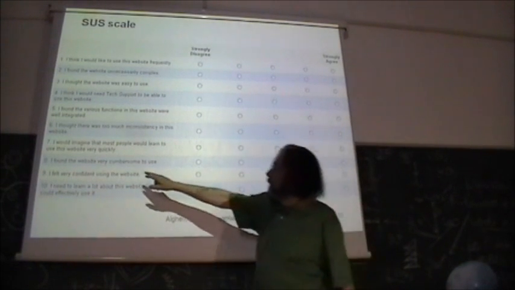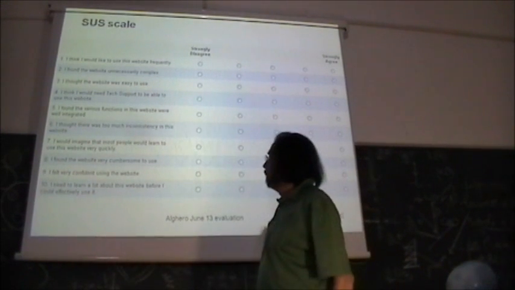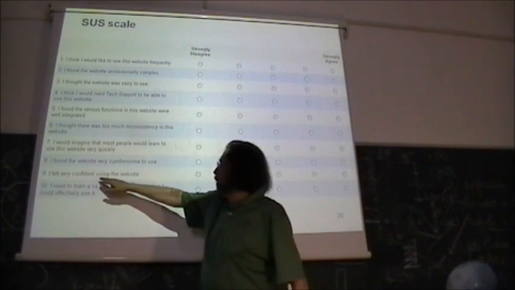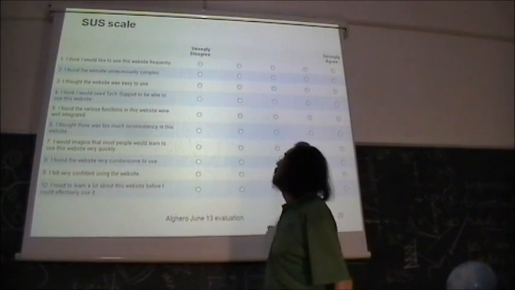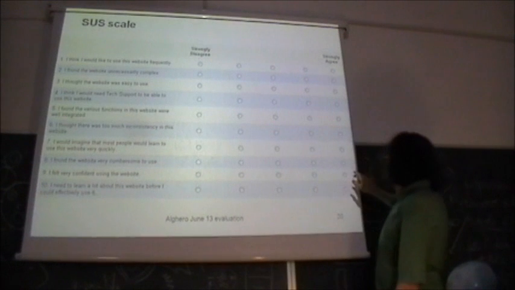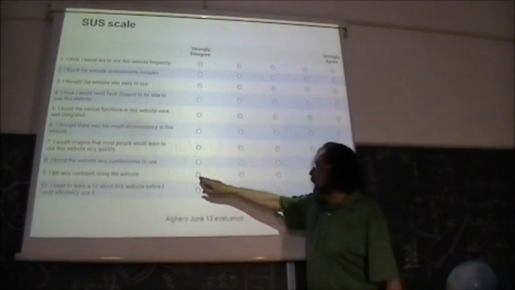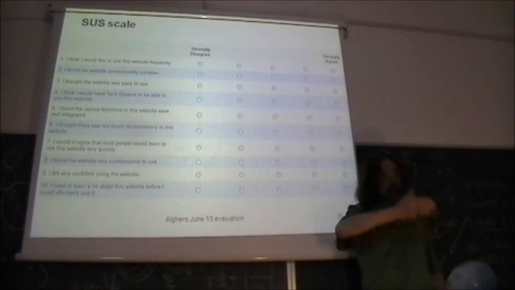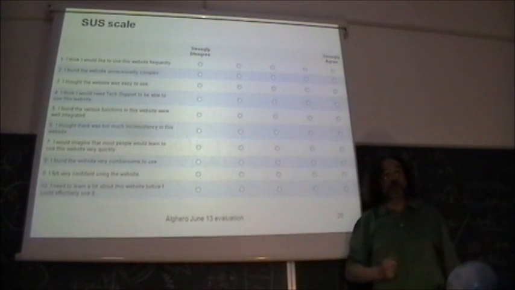Anyhow, 10 questions, and for instance, question 9 says, I felt very confident using the website. And now you could say, yes, I agree completely, or no, I disagree completely, or in between. You have 5 different possibilities to choose.